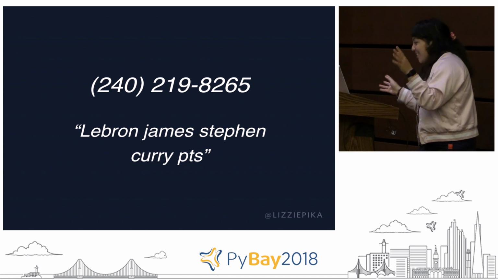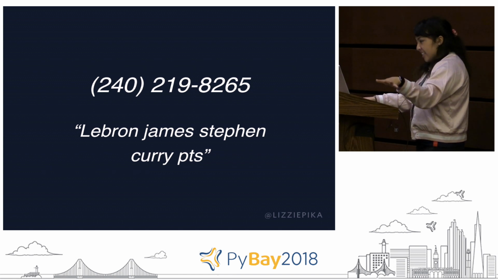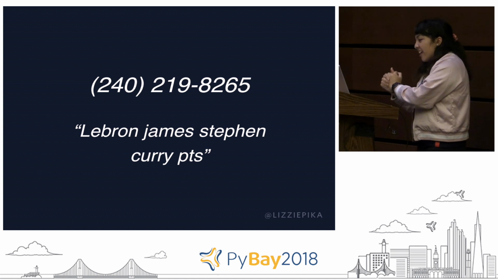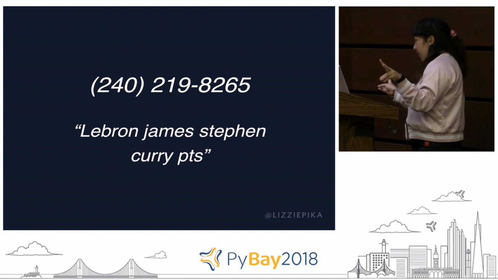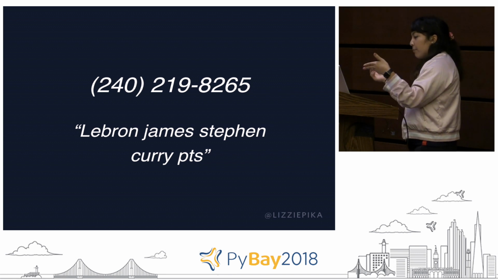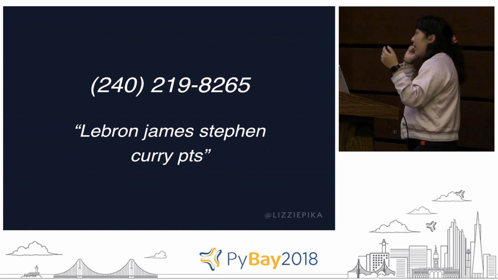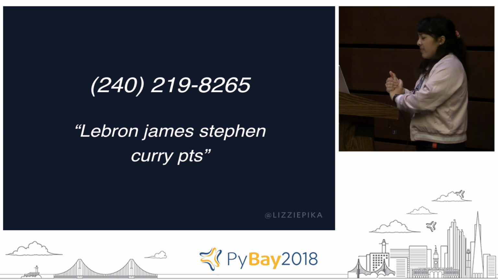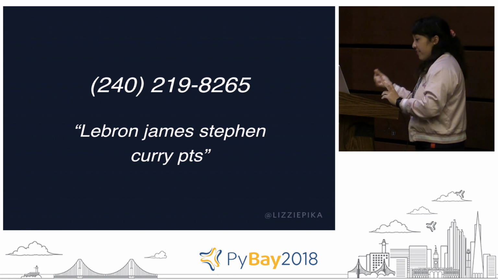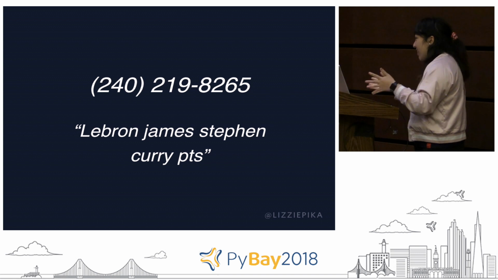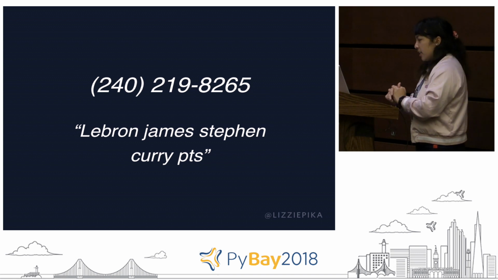And audience participation, if you take out your phones and text this number, 240-219-8265, text it to different players, first and last names both, and the stat that you want to compare. You can do points, rebounds, offensive rebounds, defensive rebounds, games played, all abbreviated. And if you're confused about what to send exactly, you can send anything and it will tell you the stats you can search.